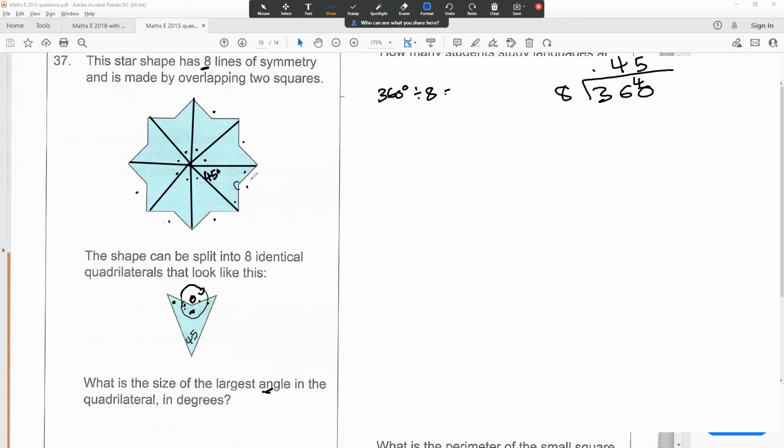Question. If I take a dotted line over here across here, right? Run it across there. Maybe that will help. Maybe not. We do have 8 lines of symmetry as well.